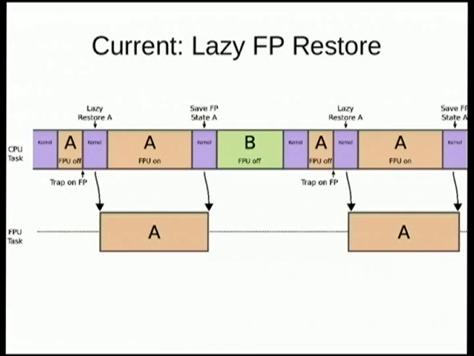You can see that initially the floating point unit isn't really associated with anything. And then when A runs that first floating point instruction, the floating point unit gets restored with A's state. Then before B runs, that floating point state gets flushed out to memory, so the floating point unit again has no state associated with it. So you can see while B is running, there's no floating point state up until A traps again the second time.